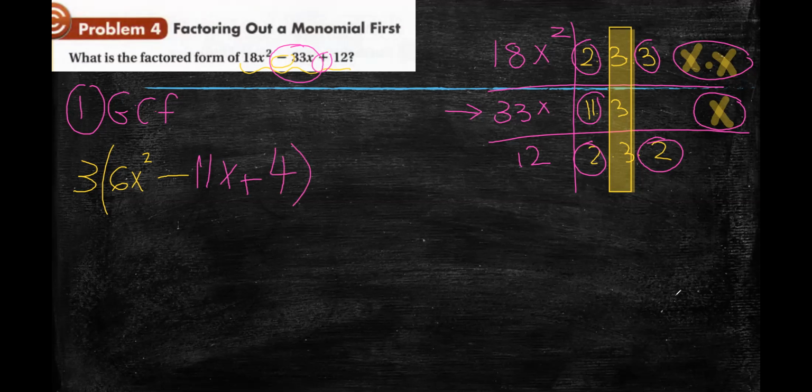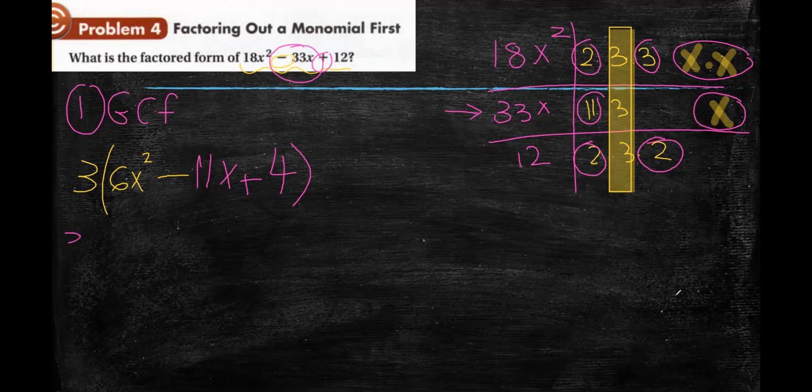Then after that, here we have 3 times 6x squared minus 11x plus 4. Now it's easy for me to factorize it. We do the same steps as we did before.